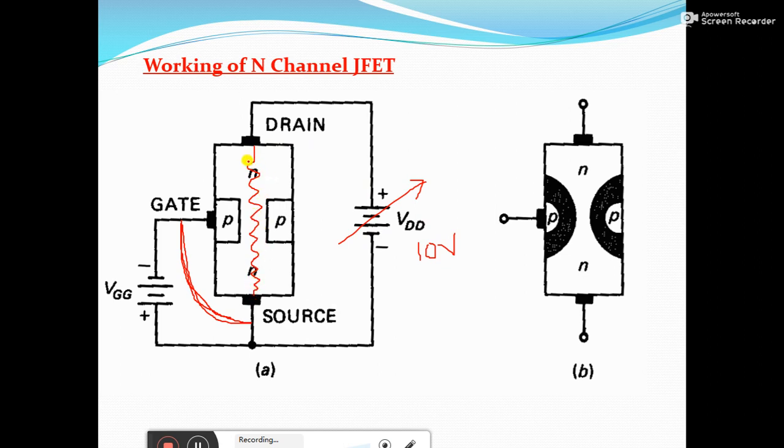The voltage will be maximum at the drain and very minimal at the source. Let's say here it will be plus 8 volt, somewhere here it will be 6 volt, somewhere here it will be 4 volt, and somewhere here near the source it is, let's say, 2 volt. Or you can simply say the drain is more positive compared to the source.